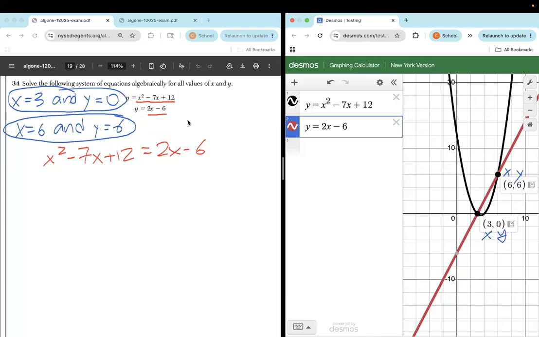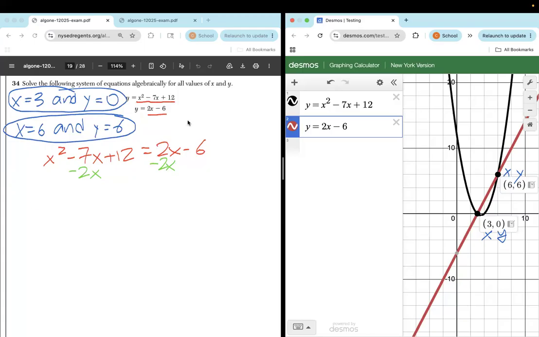Okay, now I want to get one side of this to equal 0 so that I can solve it as a quadratic equation. So what I'm going to do to get the right side equal to 0 is subtract 2x from both sides to get rid of that 2x there.